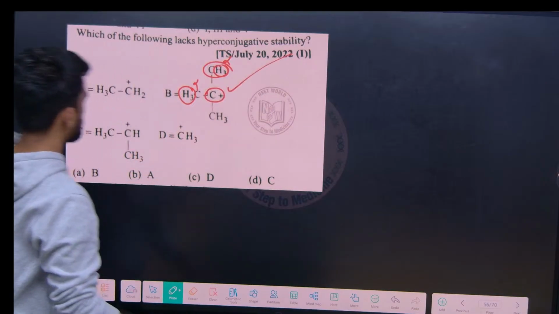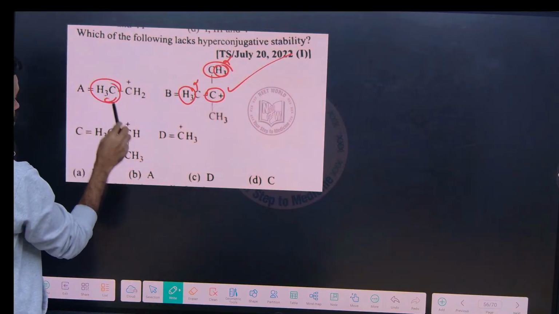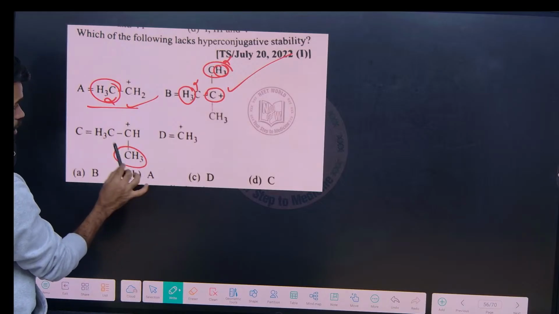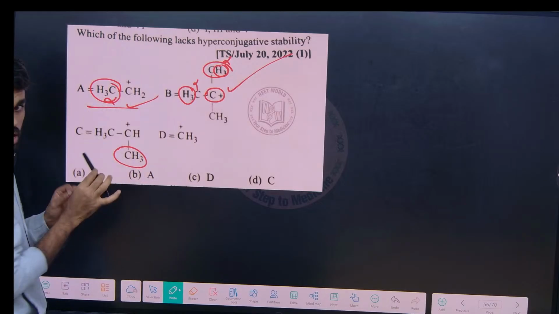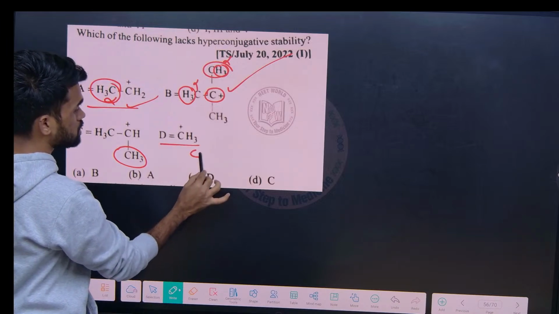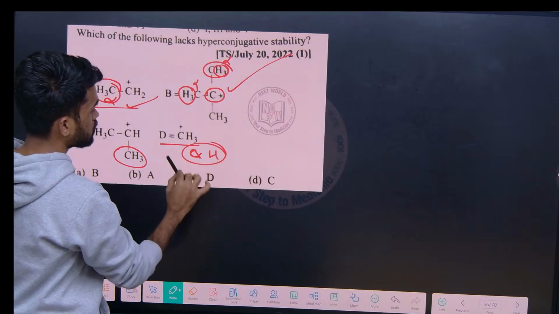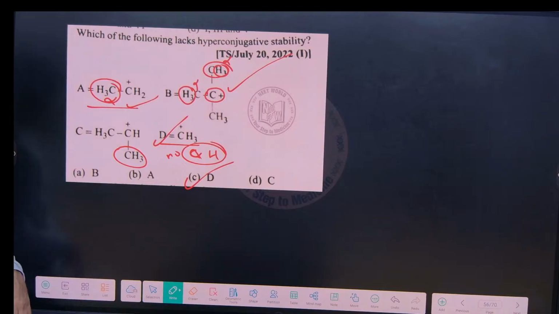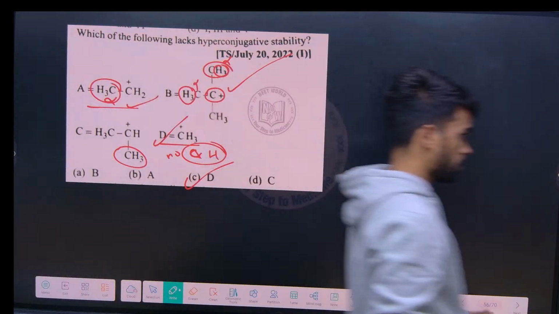So hyperconjugation is present. Here also alpha carbon, alpha hydrogen. Here also you have alpha hydrogen. So A, B, D have hyperconjugative stability. But in C there are no alpha hydrogens, no hyperconjugation. So C. Okay, clear? Next.